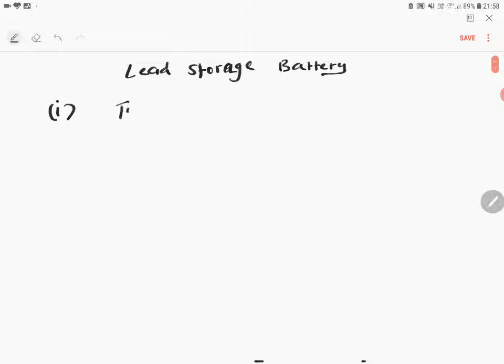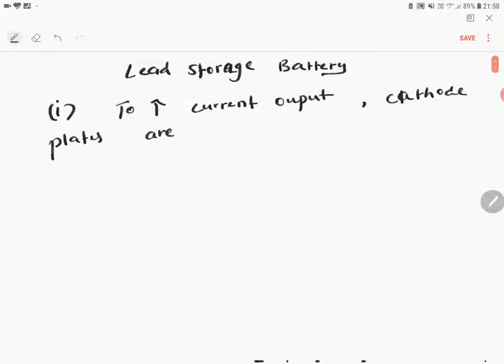to increase the current output of each cell, to increase efficiency or current output of each cell, the cathode plates, which you have seen in the previous video diagram, are joined together.